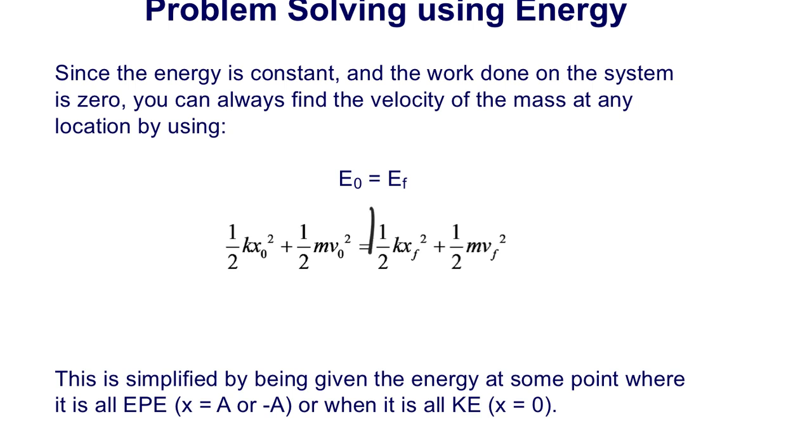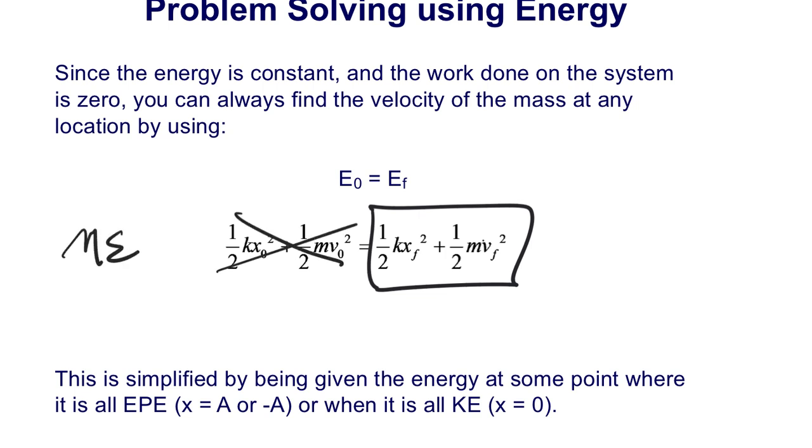Okay, so if we have a delta x that is not 0 and a v that's not 0, we can always say this equals either the total ME, or this equals the KE max, or this equals the EPE max.